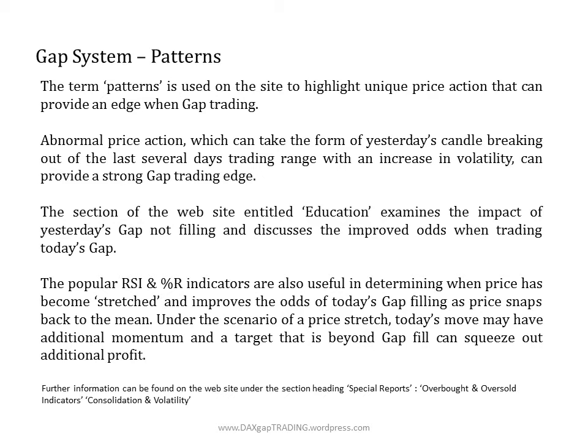And under those types of situations, I've found that today's move may have additional momentum, and in those particular instances where you have price stretch, you can actually take a look at a target beyond gap fill to squeeze out some additional profit. Further information again can be found on the website under the section heading Special Reports. There are two there that discuss overbought and oversold indicators, and another report called Consolidation and Volatility.